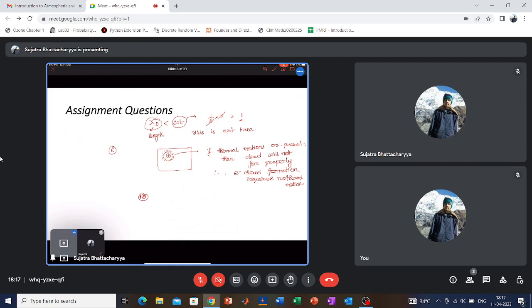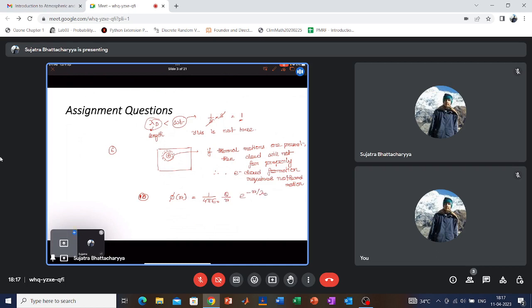So this phi of r is given as 1 by 4 pi epsilon naught, which is that k into q by r if the test charge is positive q, and e to the power minus r by lambda d.